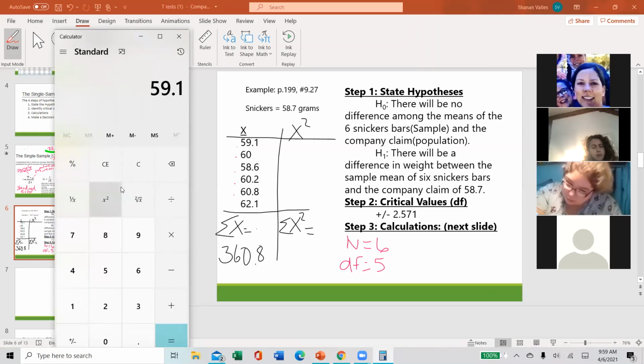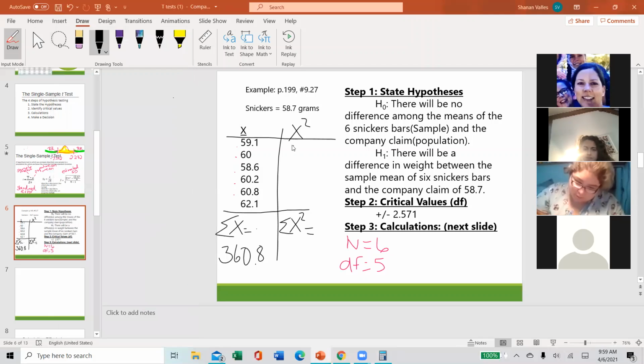So 59.1 squared, look, we could just push this little button right here. Oh my gosh, does that make sense? I don't trust it. Did anybody else get that? Christy, did you get that? Yeah, that's what I got. Oh wow, we got some big numbers here, right? So 59.1 squared, yes, is 3,000.